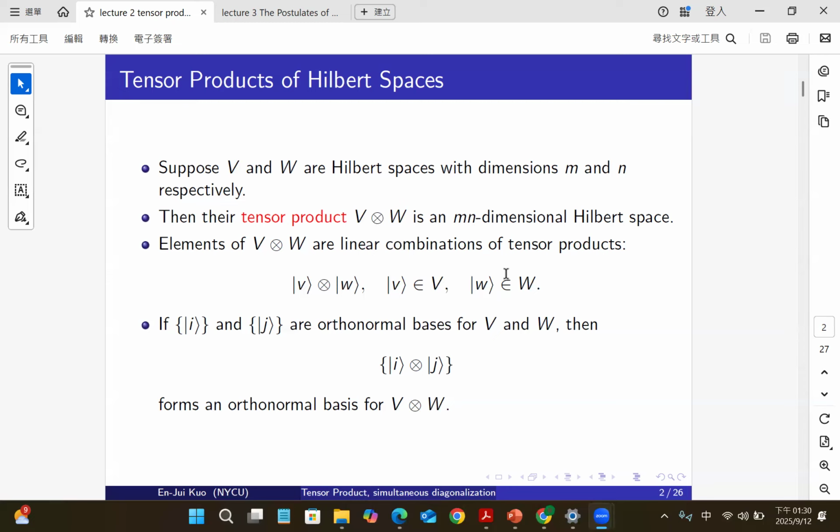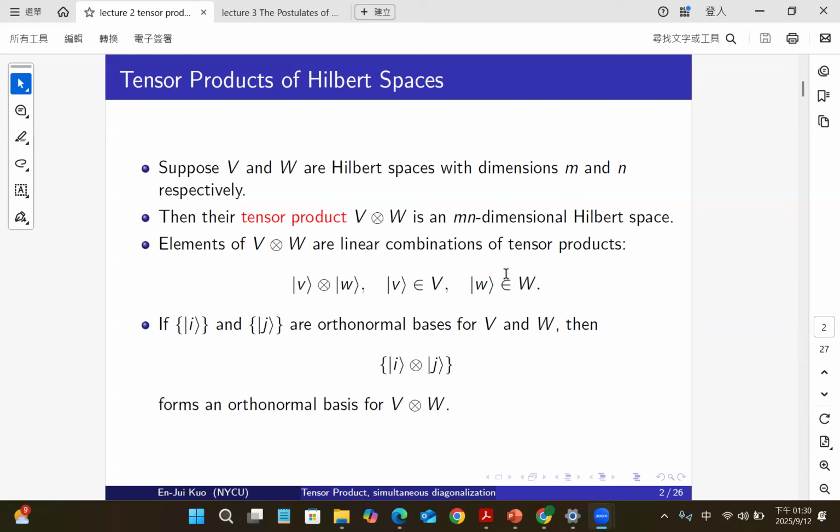One easy definition for V tensor W: let's say set i is the orthonormal basis of V and j is the orthonormal basis of W, and V tensor W is defined as the set of linear combinations with coefficients c_ij, and let's say the c_ij are all complex.